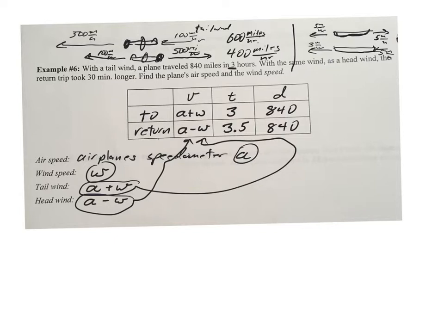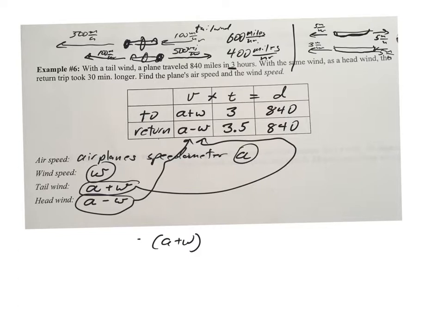All right, so now that looks like a big mess, but it's not. This creates our two equations. Now that we have our two equations, we can solve either using elimination or substitution. What are the two equations? I have A plus W times 3.